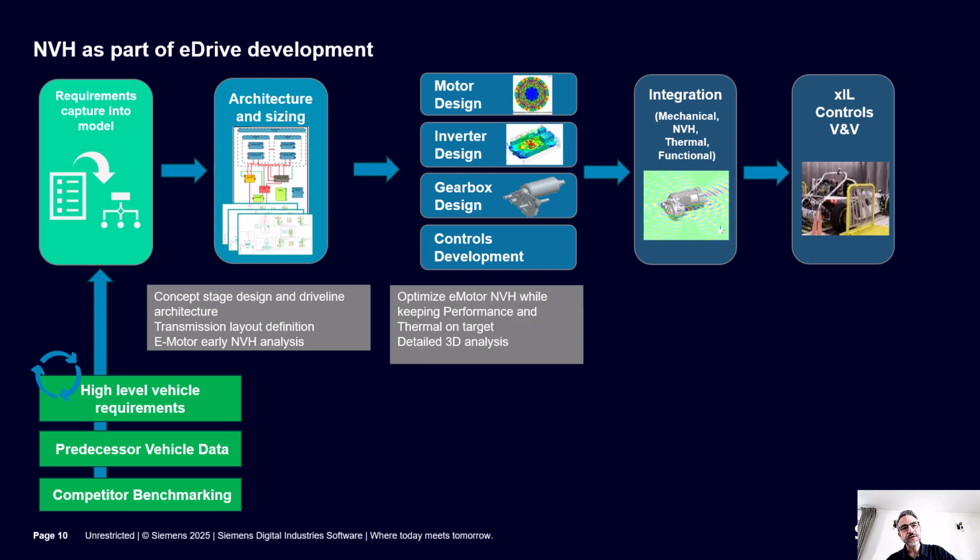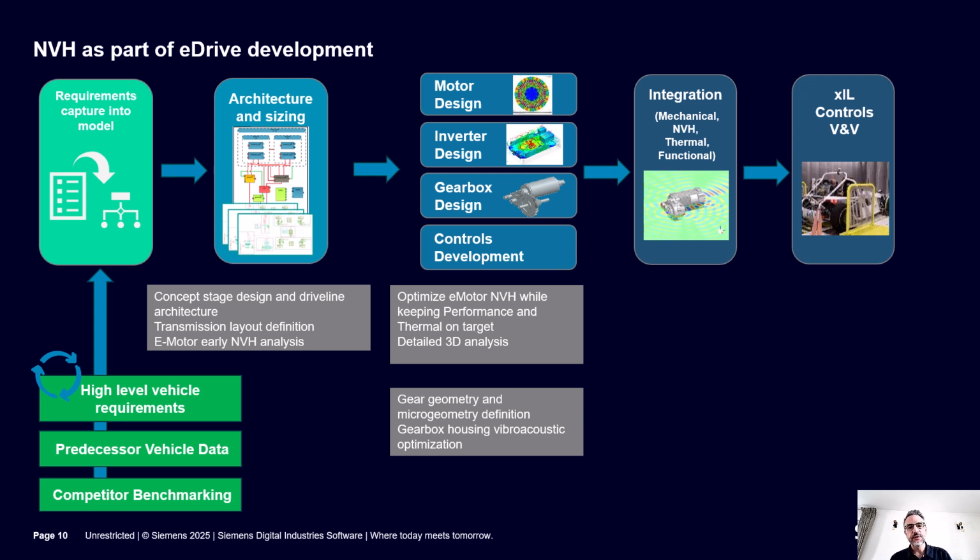In the detailed design stage, for each component, the e-motor, the inverter, the gearbox, we are going to do more and more detailed predictions as more details on the construction become available. So we can start optimizing the NVH while keeping performance and thermal on target.